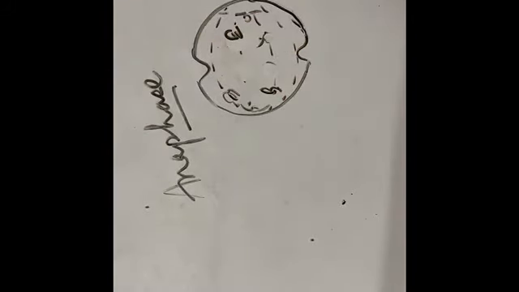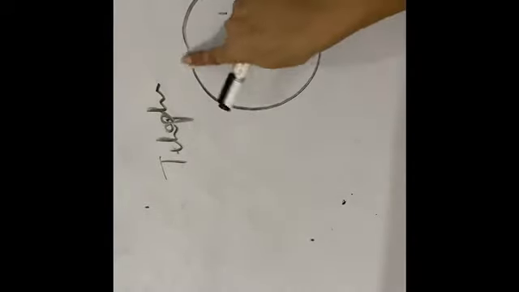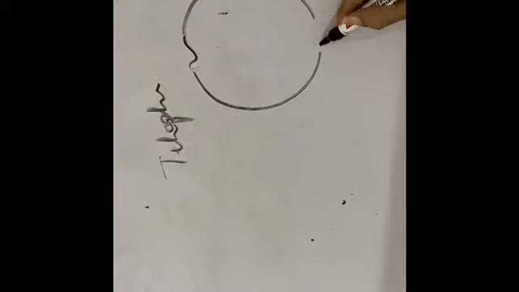Now the last one, telophase. What will happen in telophase is that the chromosomes which were almost at the opposite poles in late anaphase will now form their own nuclear membranes.